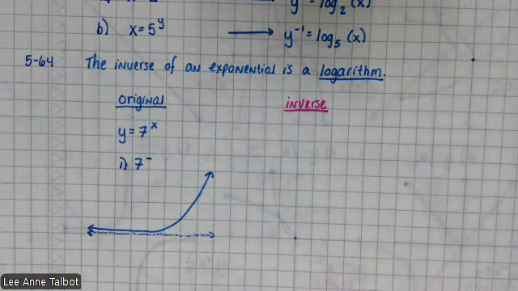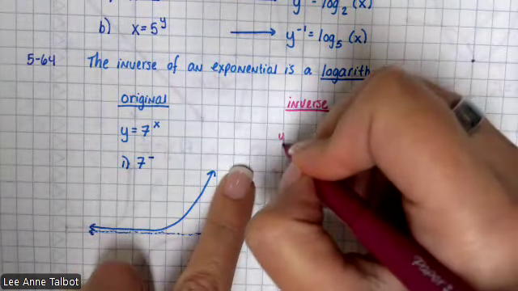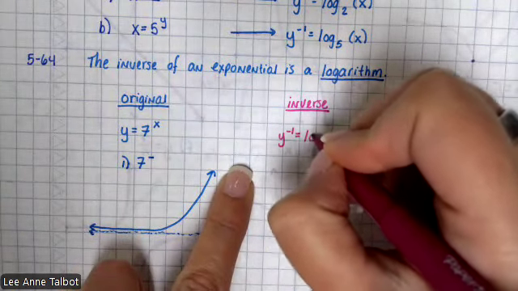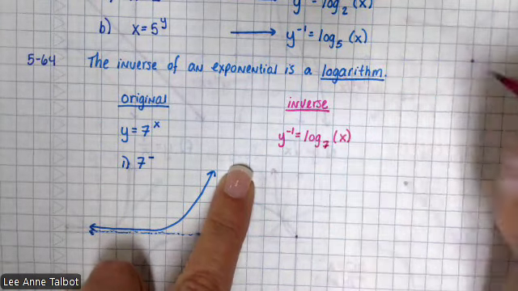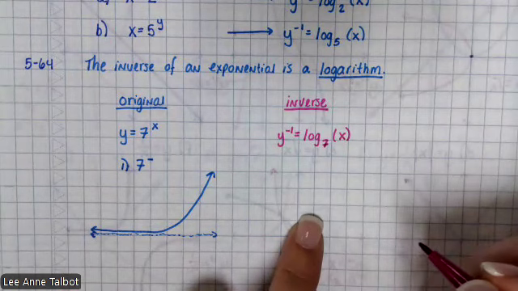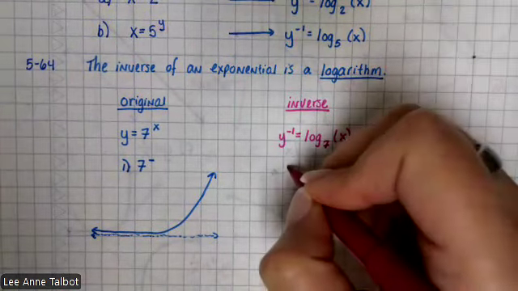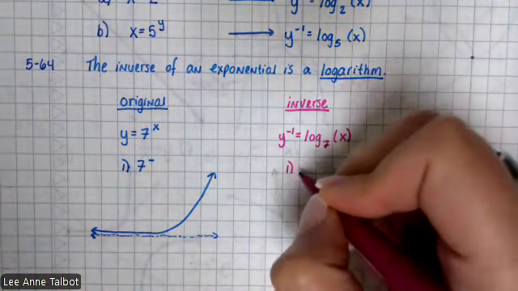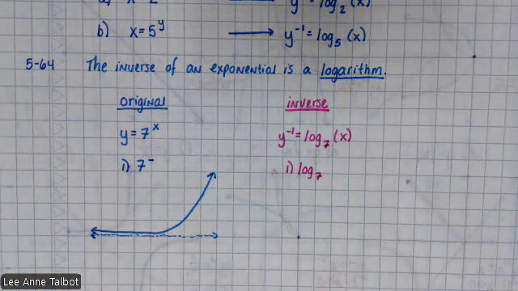Okay, now let's compare that to its inverse. So the inverse of this would be log base 7 of x. And when you wrote your steps, you would call that step log base 7.